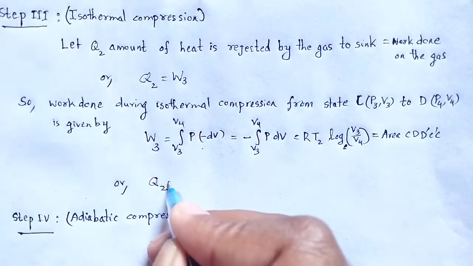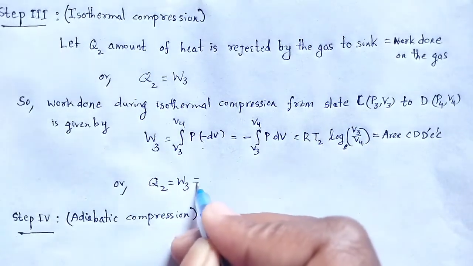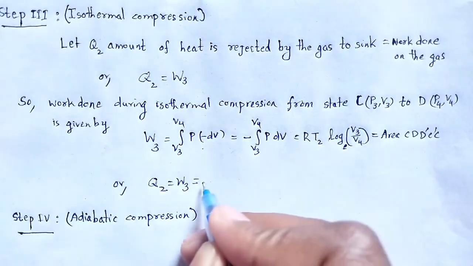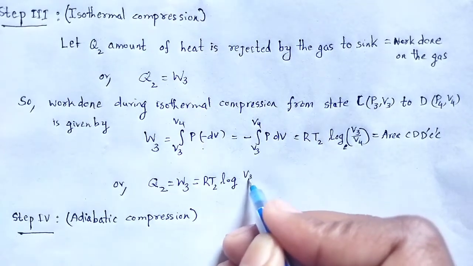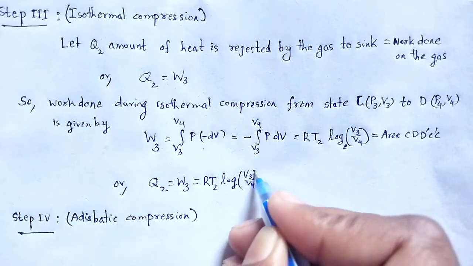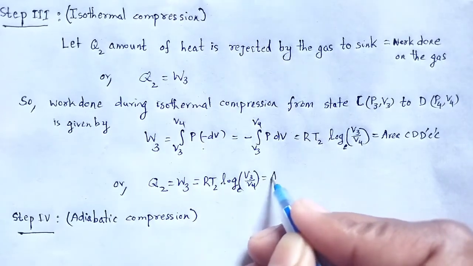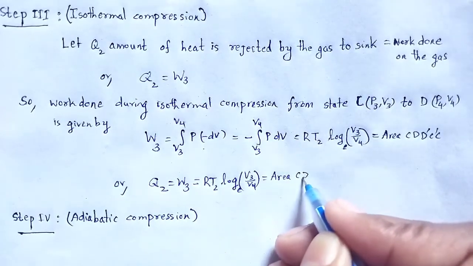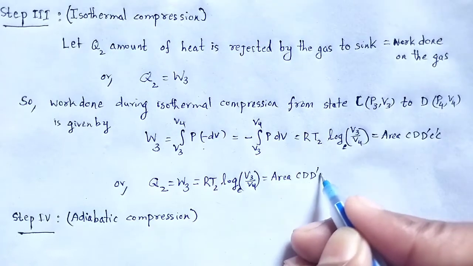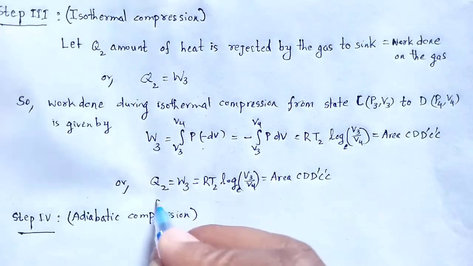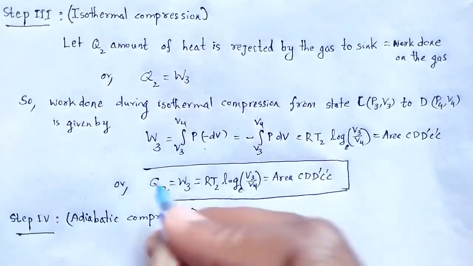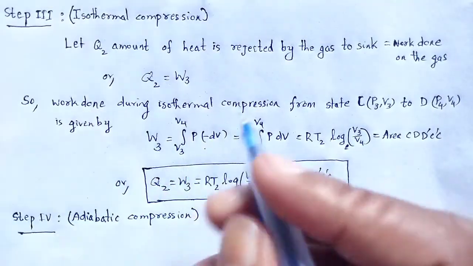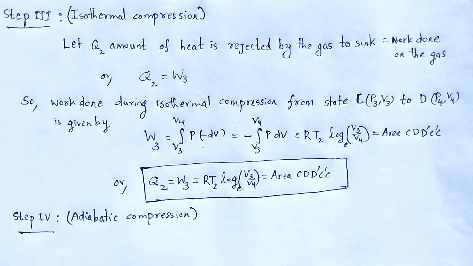So Q2 is equal to W3 is equal to R T2 log V3 by V4 having base e, which is equal to the area under the curve C D dash C dash C. That is the work done during isothermal compression.